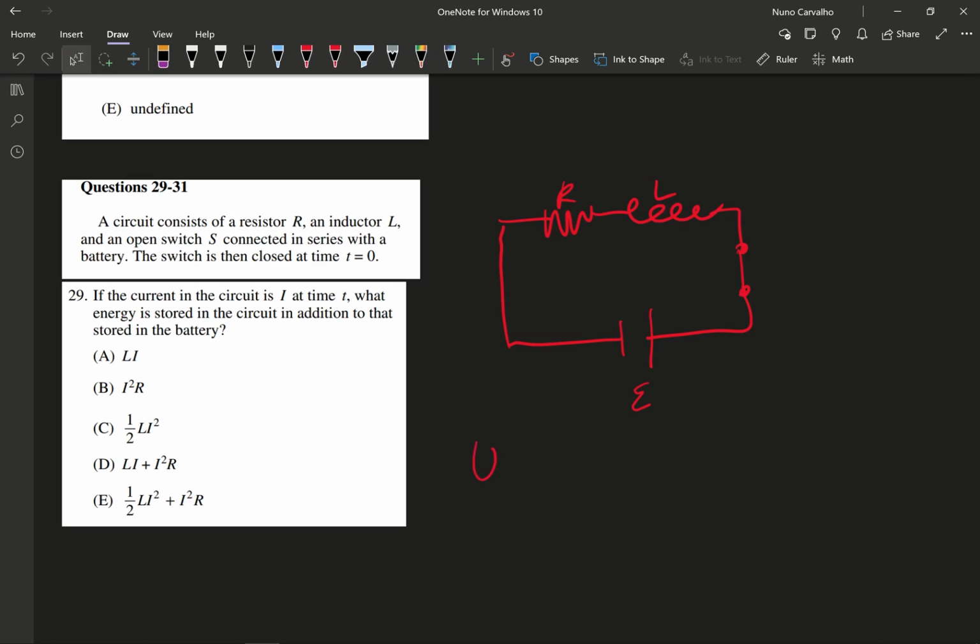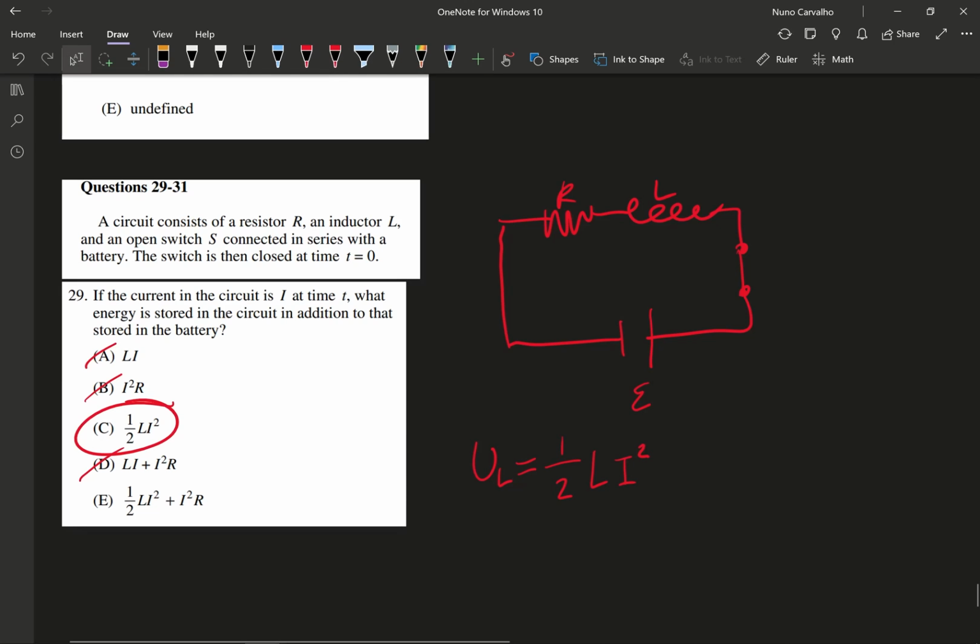And this is actually straight from your formula sheet, which is going to be that the energy stored by an inductor is going to be 1/2 L i squared, and really that's just it. It's going to be C right here. The reason it's not going to be any of these other answers is, well, first of all, we're pretty sure about this, right? This is the energy stored in an inductor that's going to be included. So we can already eliminate any answer that doesn't include it.